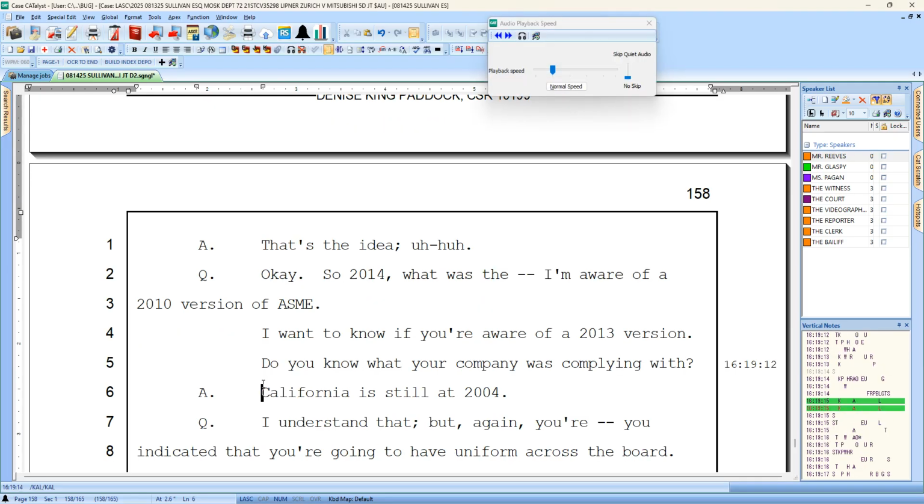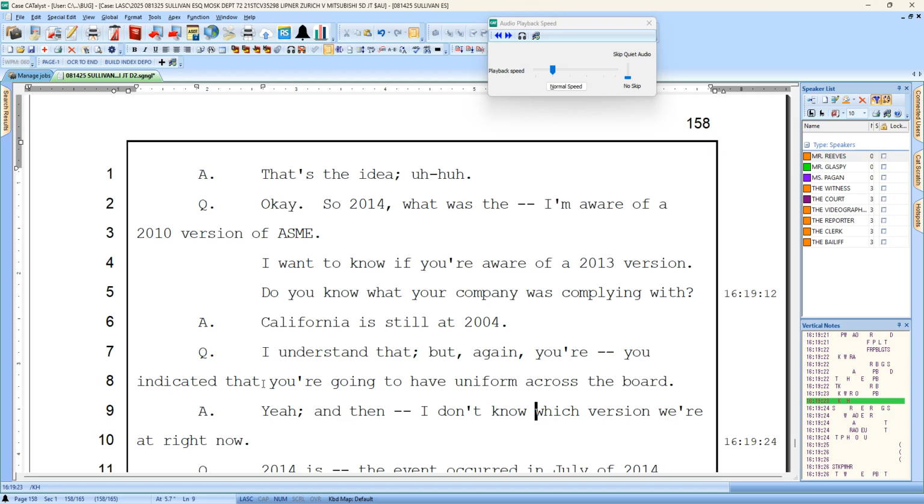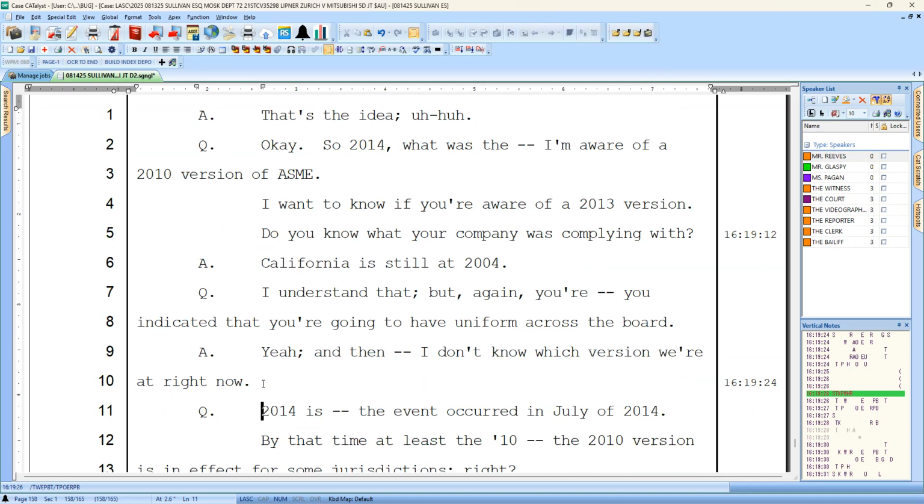Is still at 2004. I understand that, but again, you indicated that you're gonna have uniform across the board. And I don't know which version we're at.